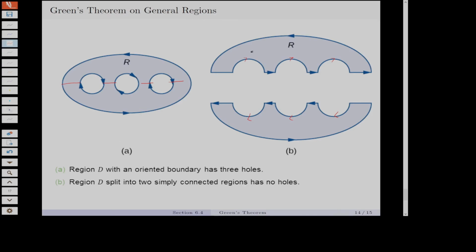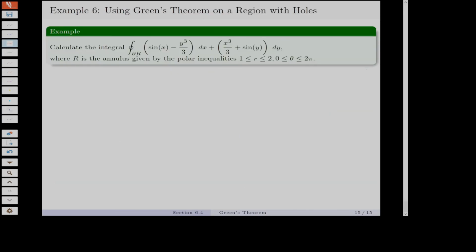And to parameterize this is going to be a bit of work, because let's suppose I had a nice parameterization for the outside curve and one for each of the inside ones. Now one of my integrals has 1, 2, 3, 4, 5, 6, 7, 8 different pieces to it. So it'd be kind of a pain to go that direction. But it's doable. What we're going to do is look at the other direction.